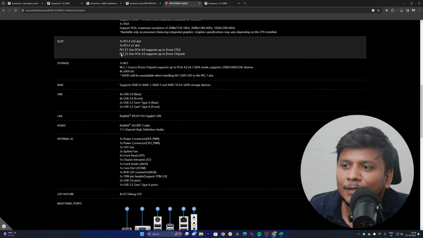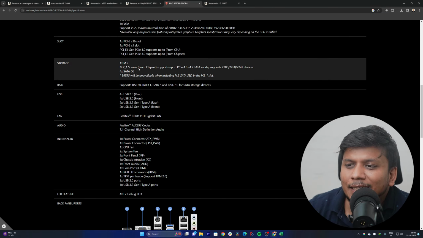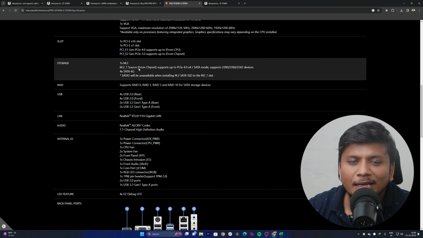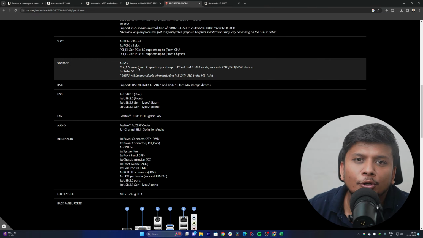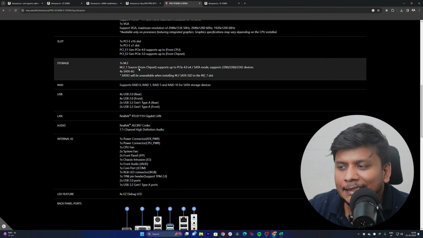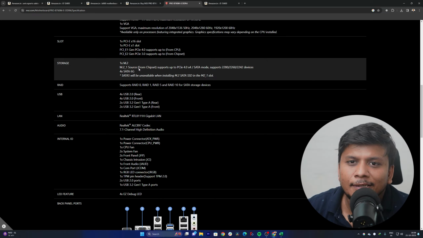Then we also have a PCIe 4.0 Gen 4 slot, and then we have a Gen 3 slot also available. That I would say is a good enough set of expansion slots for a mid-tier system, since you can add your GPU, and then there are some slots where, let's say, you want to further expand by adding external Ethernet or Wi-Fi. You can do that.